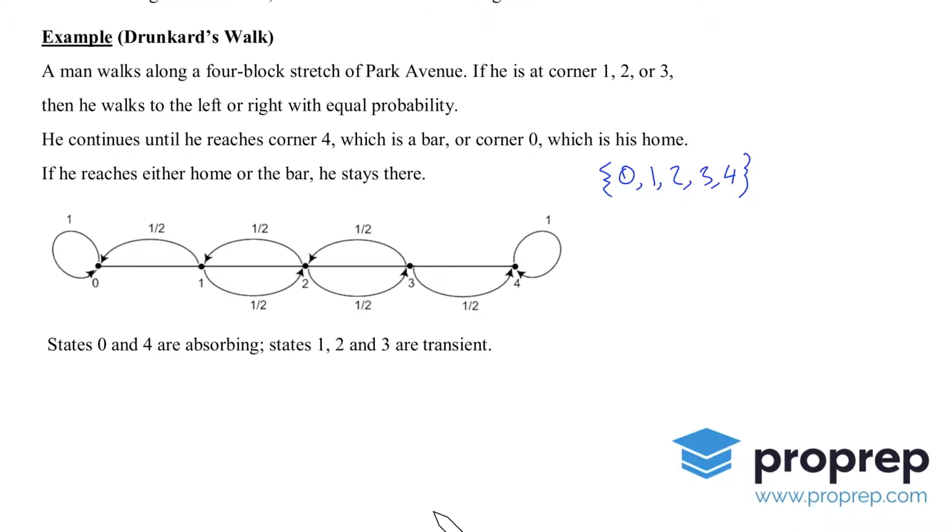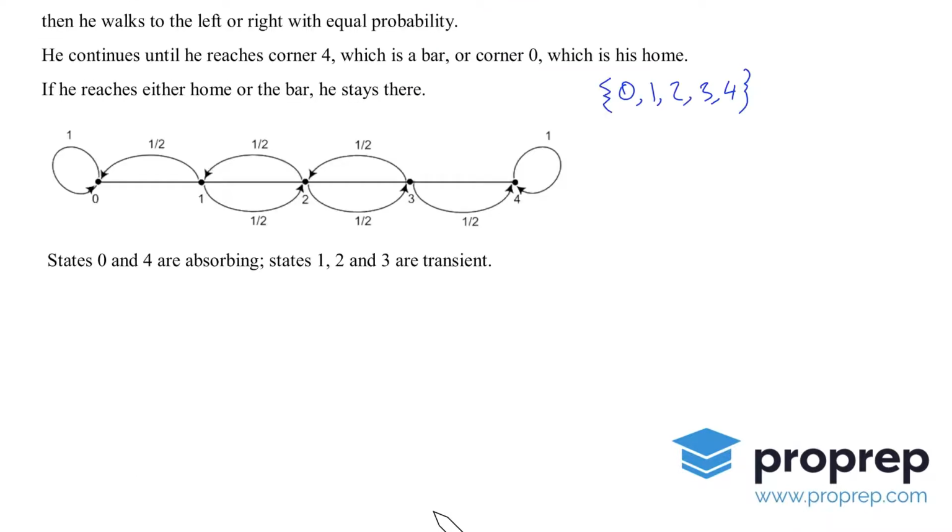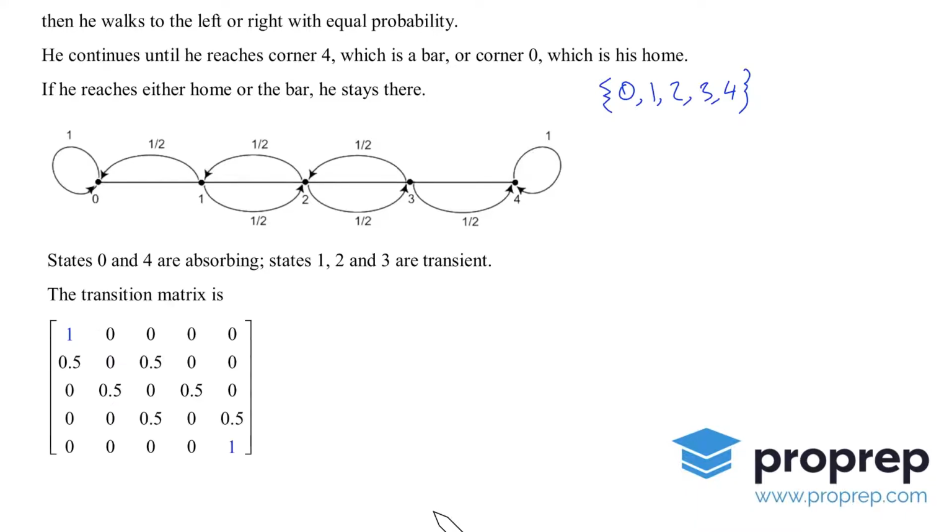And now what we want to do is get the transition matrix. Here's the transition matrix, and we keep the numbering according to the order here. So this was state 0, 1, 2, 3, 4, the from state, to state 0, 1, 2, 3, 4.